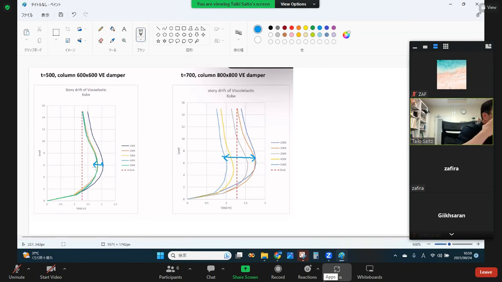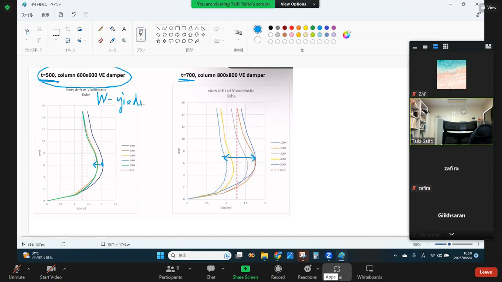So in this case, the wall is 500 thickness, and this is 700. Probably in this case, the wall is yielding because it's a little bit thin.